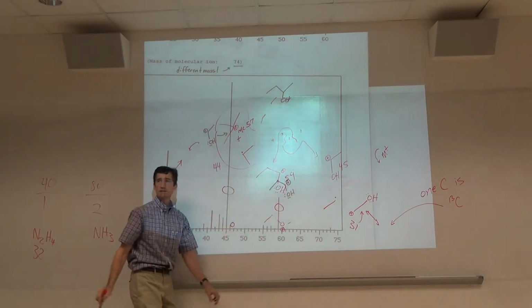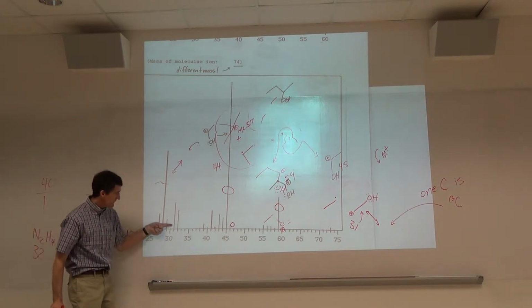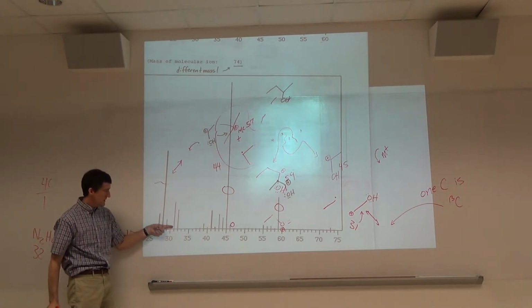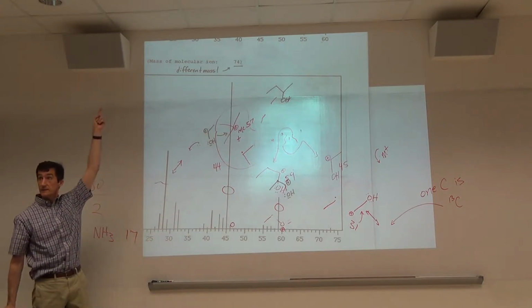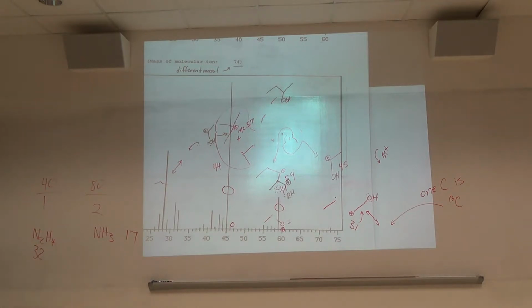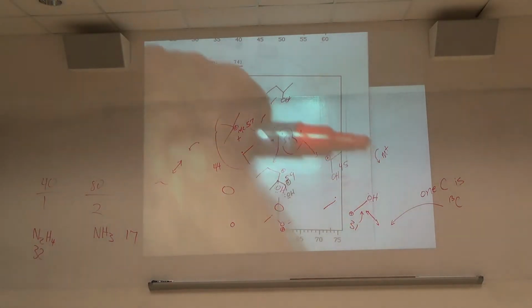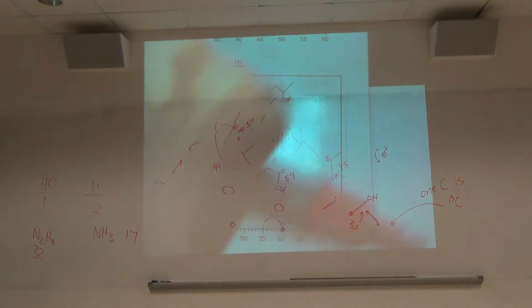See, I got the two predicted peaks. Now I do have a peak at 31, but it's not as big as up there where we predicted it. You see a little bit better now how, if you use mass spec, you can clearly tell which alcohol is which.